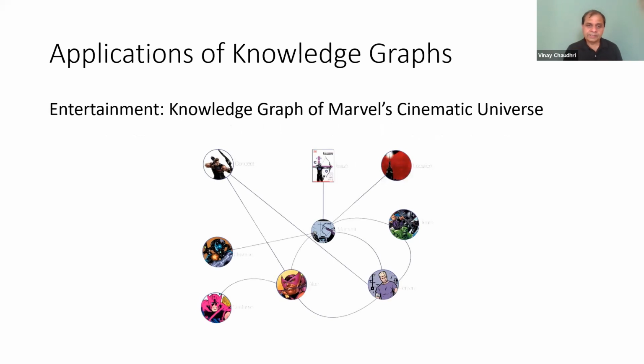Basically each node can be a character or a particular movie, and then they have edges which have semantics like whether two characters appeared in a particular movie together, and whether two characters appeared in a particular scene together. And they're using this graph of their characters and movies to better understand their current movies, as well as to help design new movies, like to look for connections that are currently missing in their knowledge graph to figure out what new movies they could come up with.